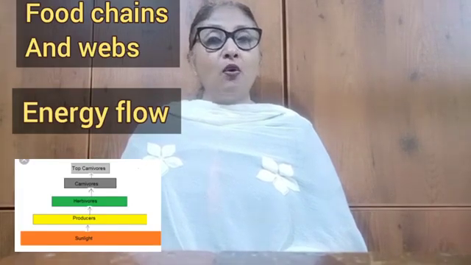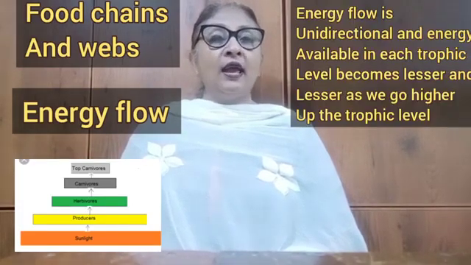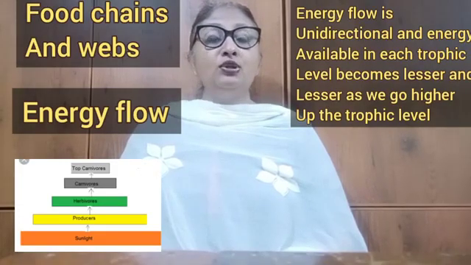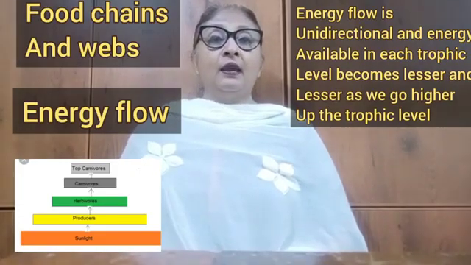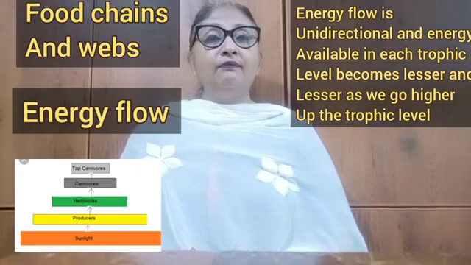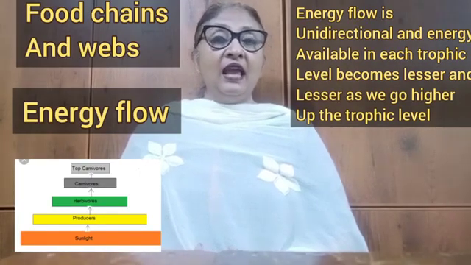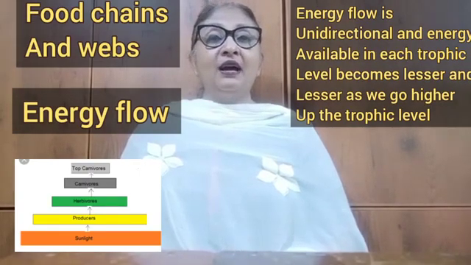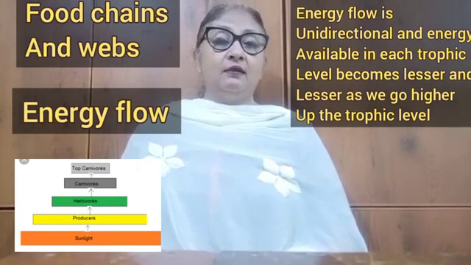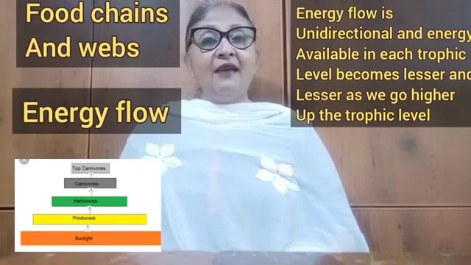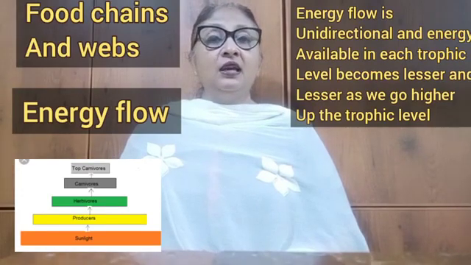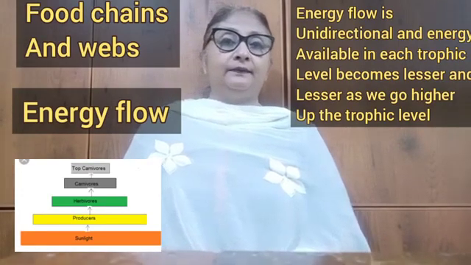It happens only in one direction, or energy flow is unidirectional. Not only this, a very important point to note is that as we go higher up the trophic levels, the energy that is available to each trophic level becomes lesser and lesser. So, by the time we reach the topmost trophic level, the amount of energy available is the least.